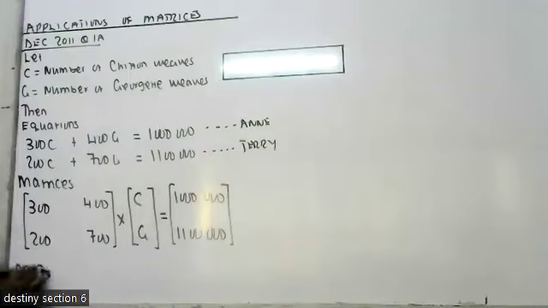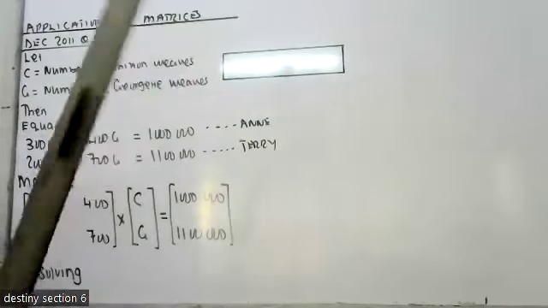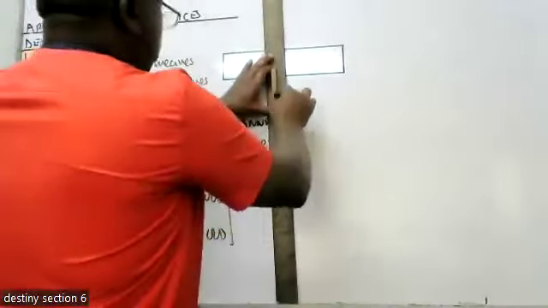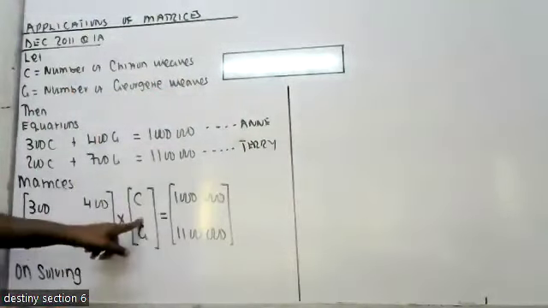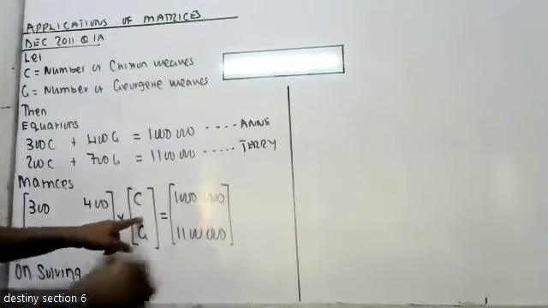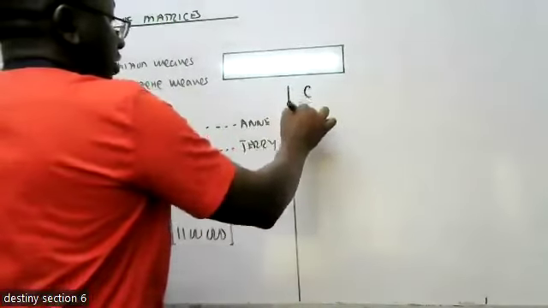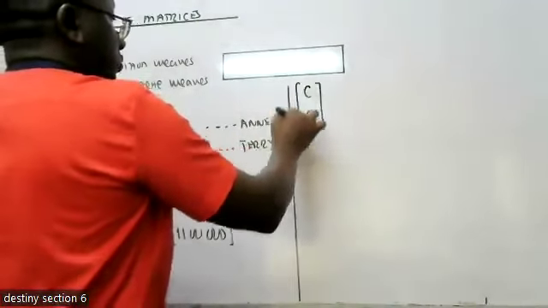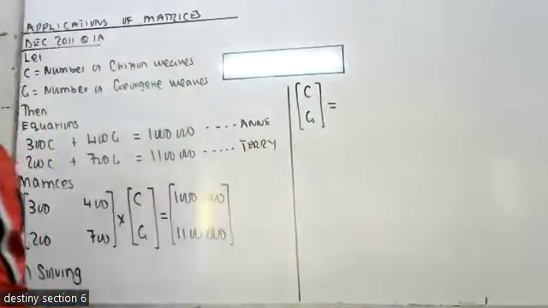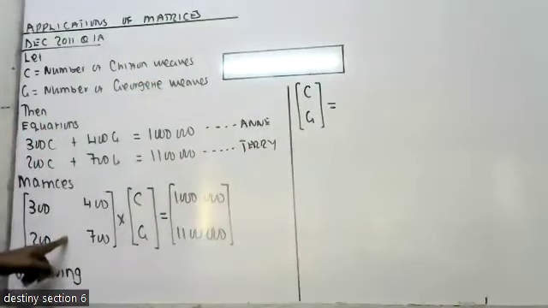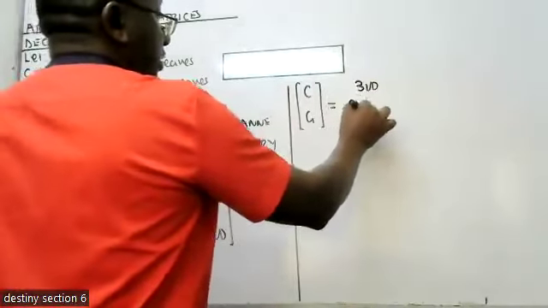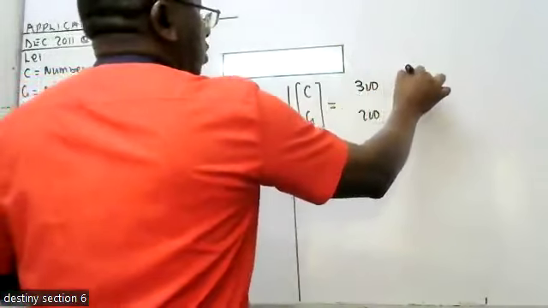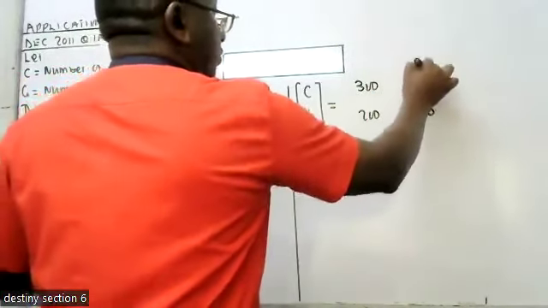Then on solving, I have told you what to do. You take this one, the one with the unknowns, and leave it on its own side, so that we have C G. Then you take this one, 300, 200, 400, 700.